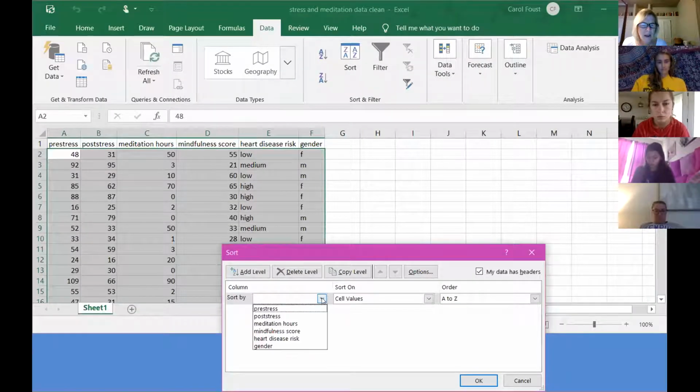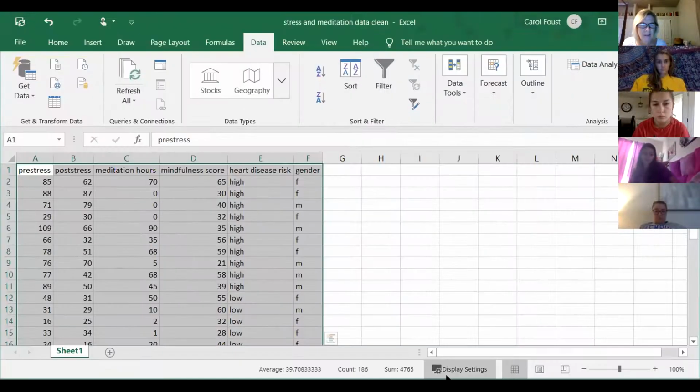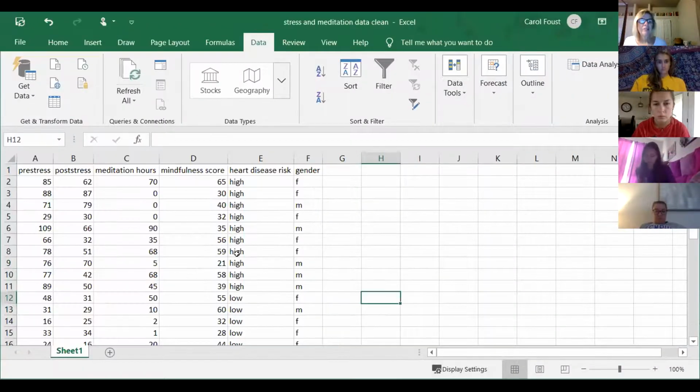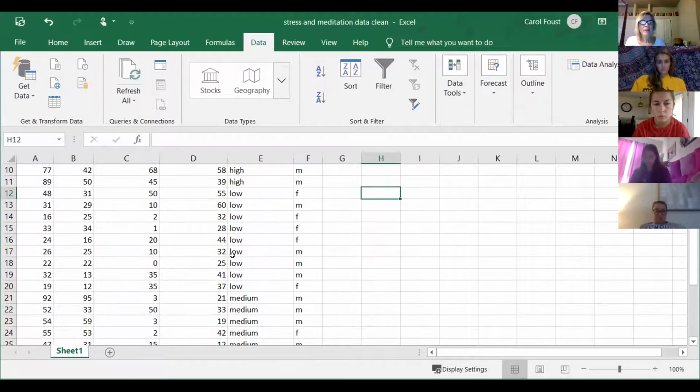We're going to sort by their heart disease risk. Okay, so now I've got the high, the low, and the medium. It just does that because it goes alphabetically.